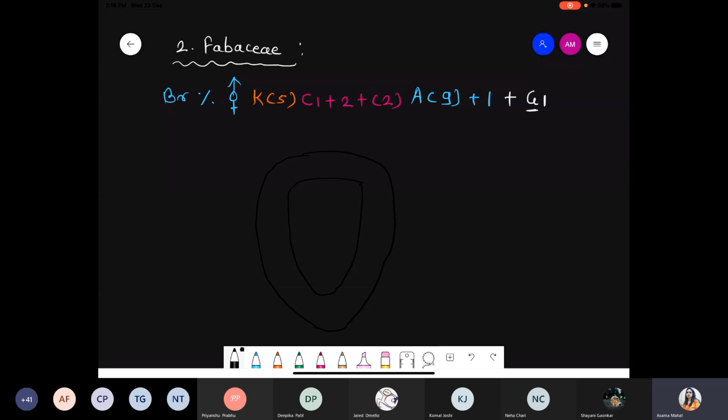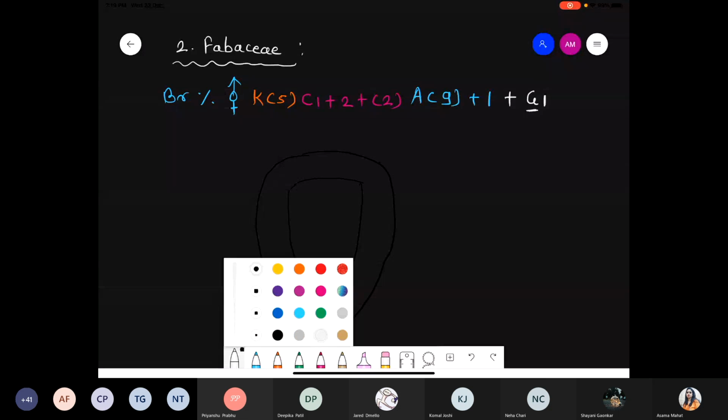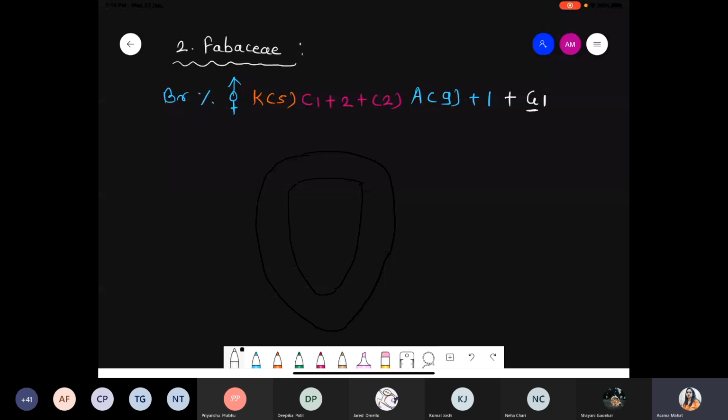Okay, so first of all we try to draw the outermost layer, that is the K, calyx, total 5, and they are showing fusion. 1, 2, 3, 4, and finally the last one, that is the 5th.